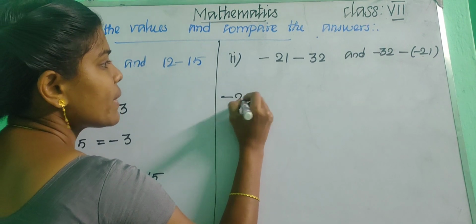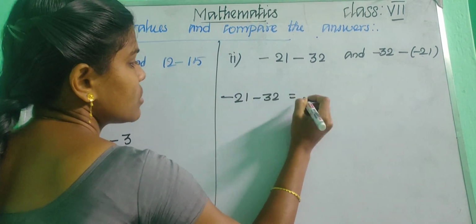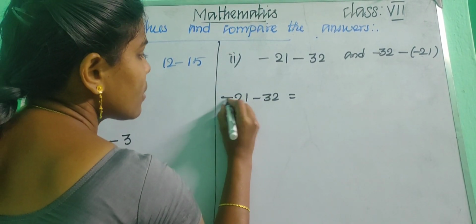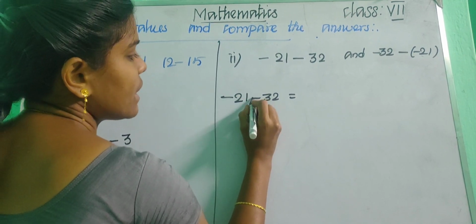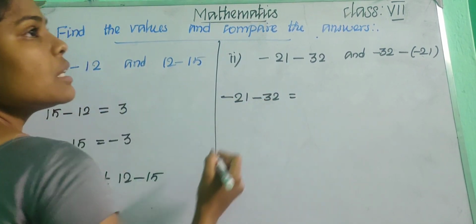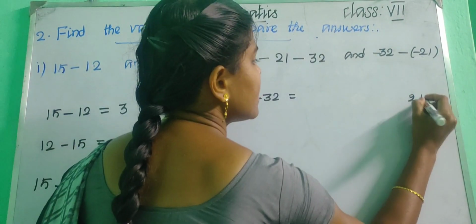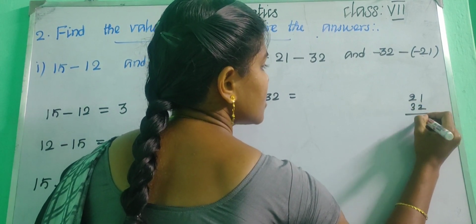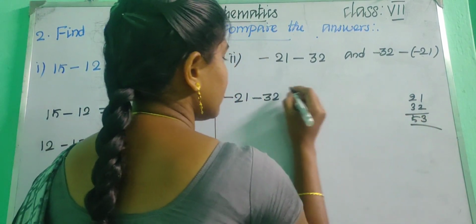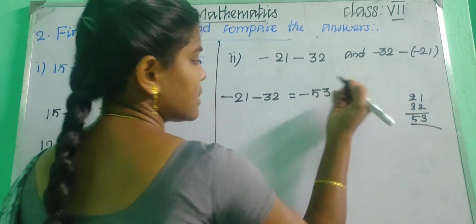Minus 21 minus 32, what is the answer? Here we are having minus and here also we are having minus. If you have the same sign, we need to add and put the same sign, right? So 21 plus 32 is 53. So minus 53 is the answer.